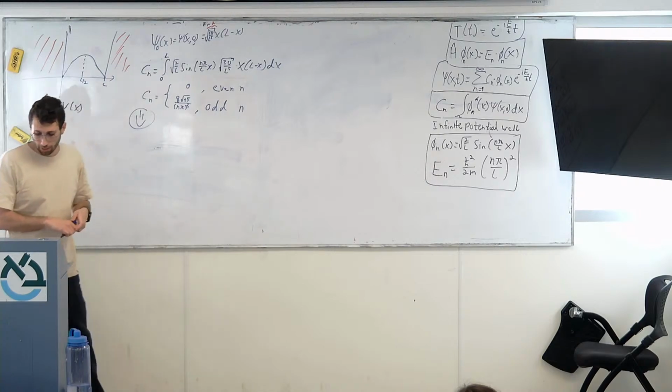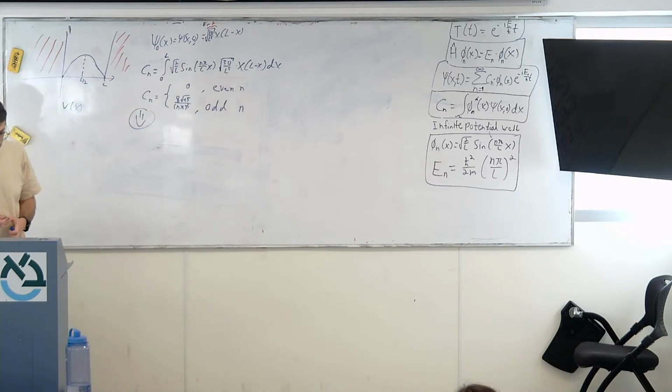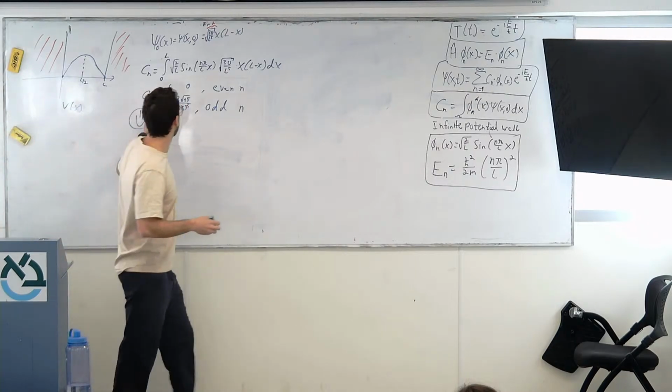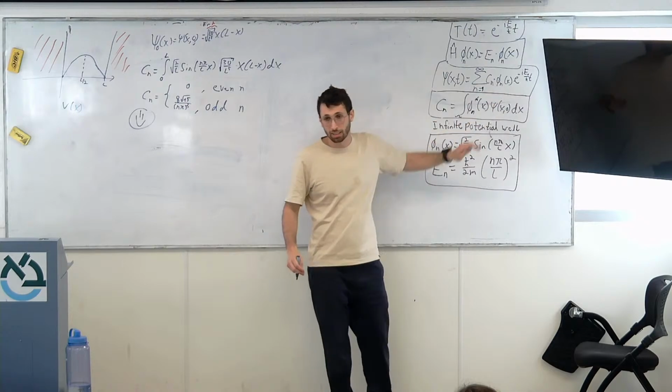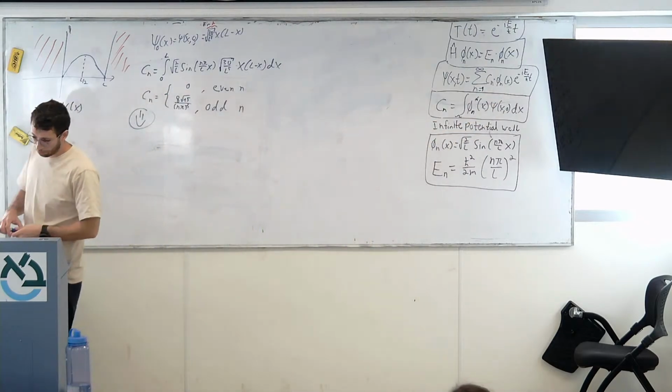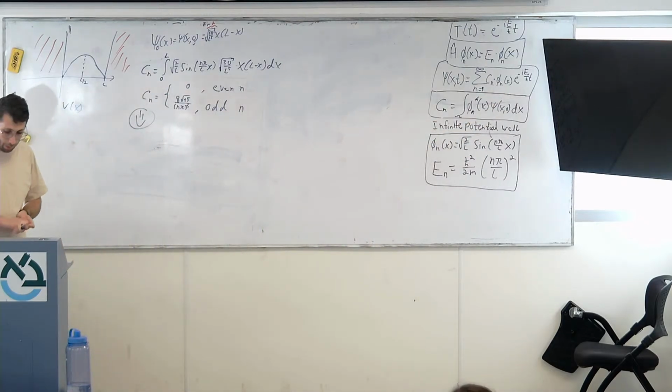For example, psi of x and t is just the sum with Cn, put inside here. But let's say I want to know what is the probability to be in a specific energy state.